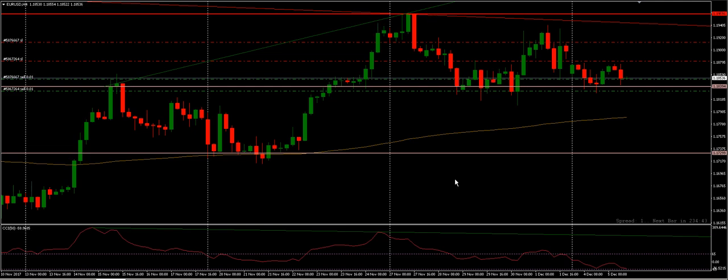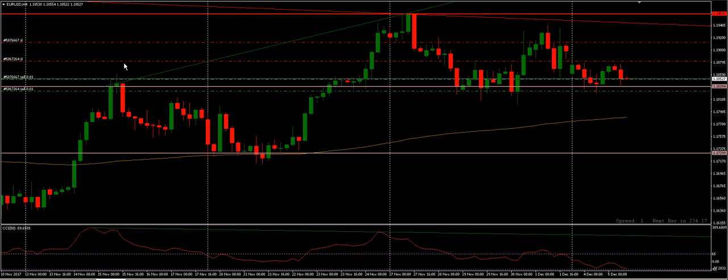Now, how do we use divergence? Divergence means that although the price here on the main chart, on the candles, is going up and this line is looking up, when we look at the indicator, it shows us that a lower high was made here, lower in comparison to the previous high.